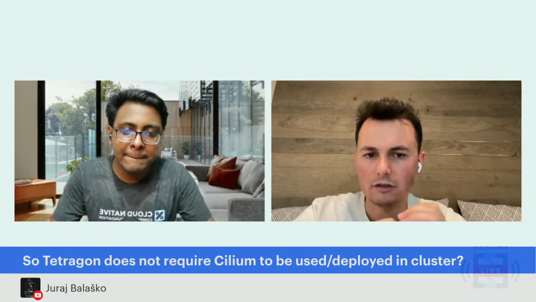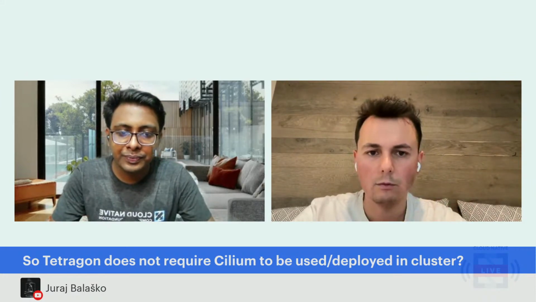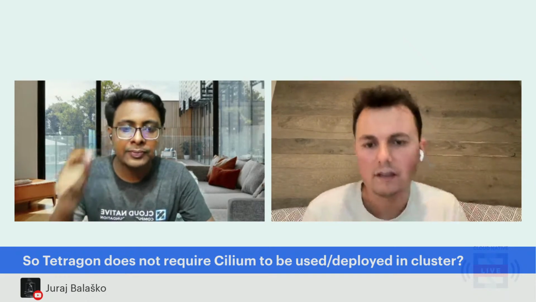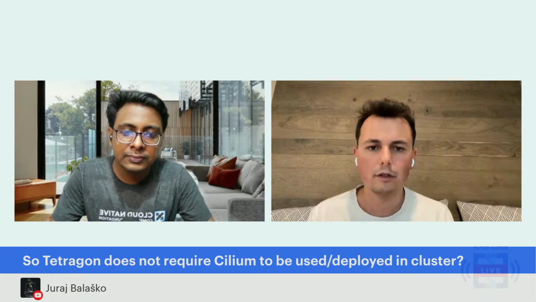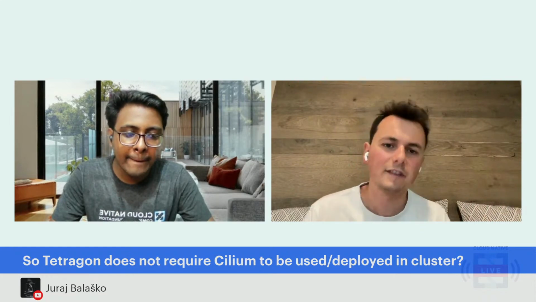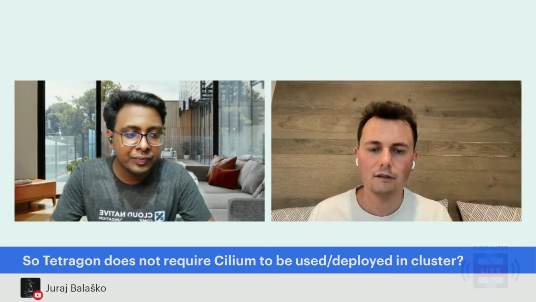At the moment, you will just get a little less information on some metadata. The idea is that Tetragon is a standalone project, and you can completely run Tetragon without Cilium, and you can run Cilium without Tetragon.